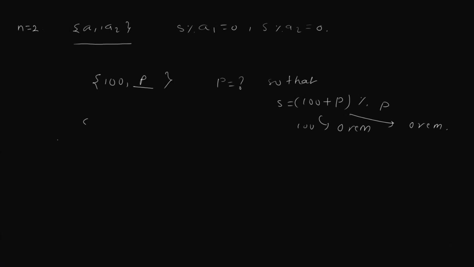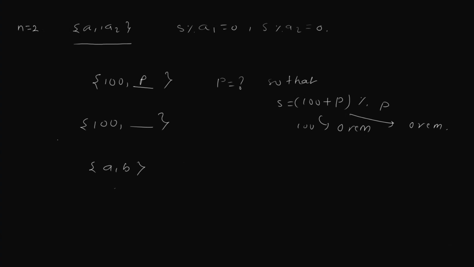Let's think like that. Suppose we have a1 and a2, and since these are kind of similar to one another, I would just take a, b. These are the two elements, and we are trying to predict these two values which will satisfy our condition.